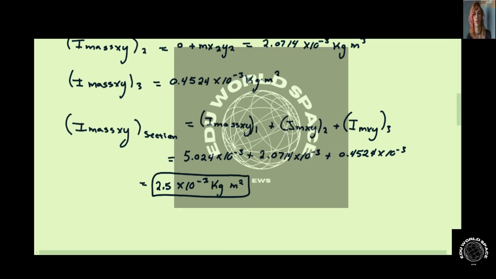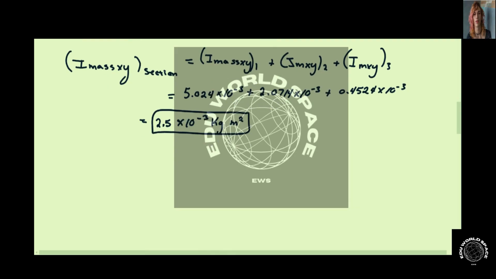And now we can do your I of y, z. That's what you want. And we're just going to do the exact same thing that we did above. We're just going to find y, and that's going to be 10.048 times 10 to negative 3.